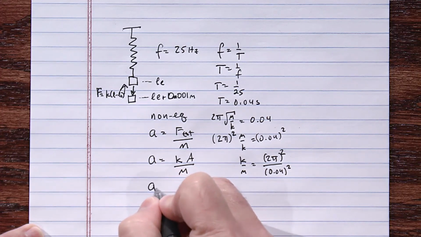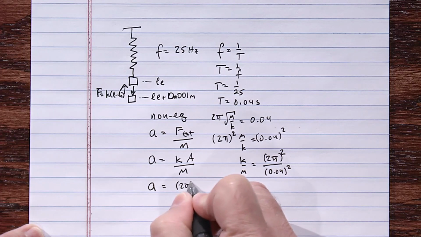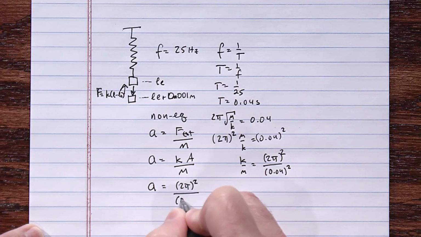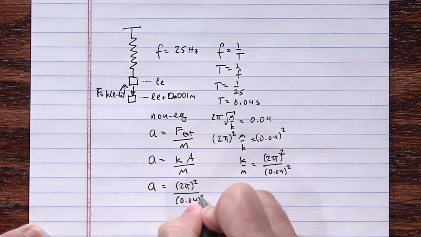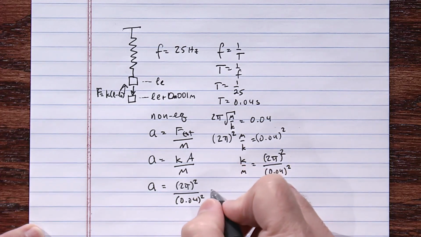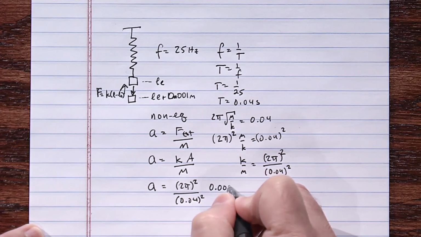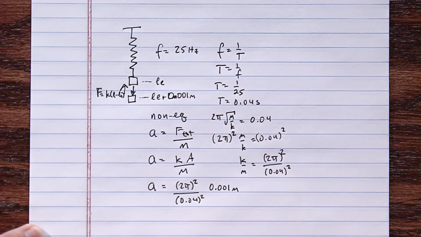And that tells us that our maximum acceleration is equal to 2 pi squared divided by 0.04 squared times the amplitude of 0.001 meters.